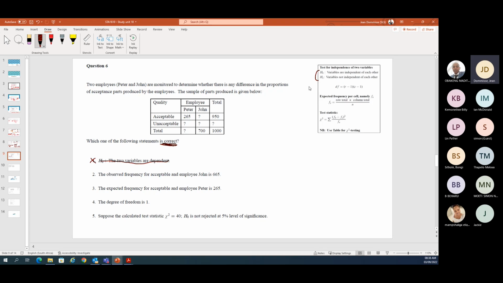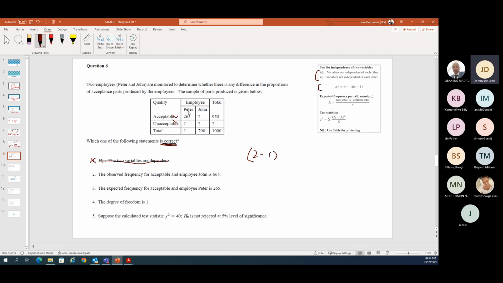Let's look at degrees of freedom. So degrees of freedom, how many rows? 1, 2. Remember, we don't take the total, because total is not a variable.